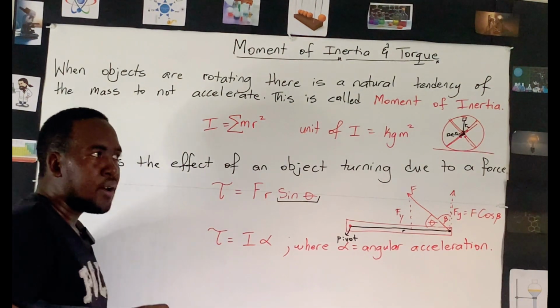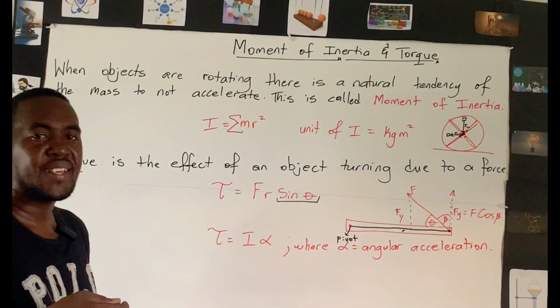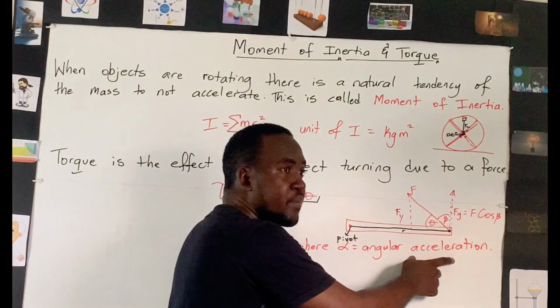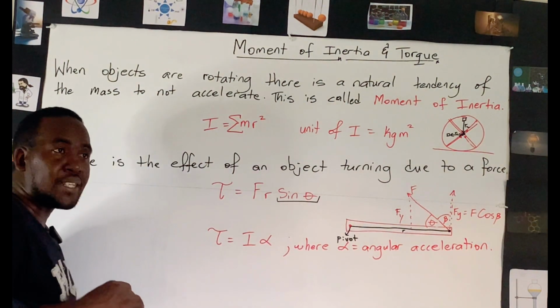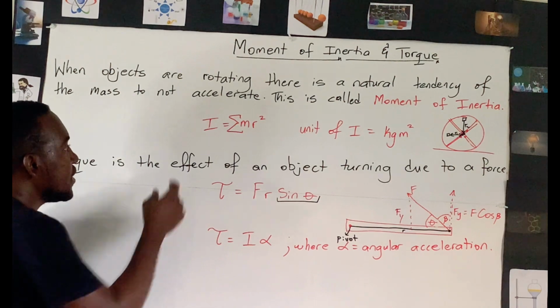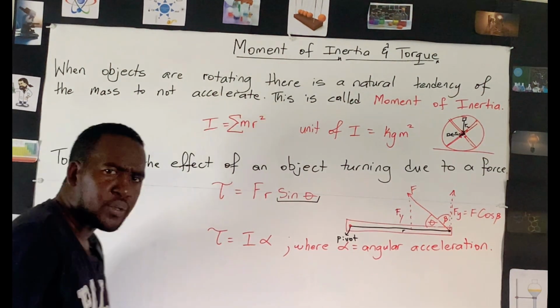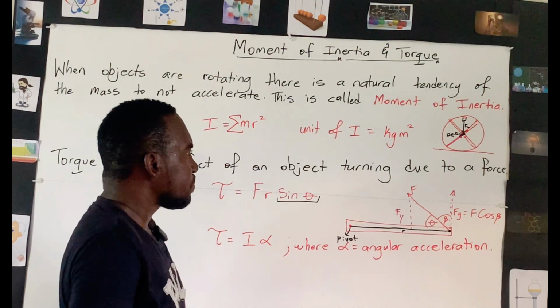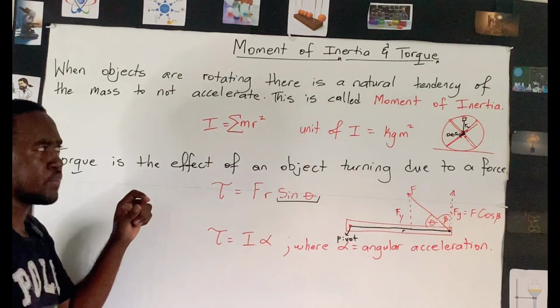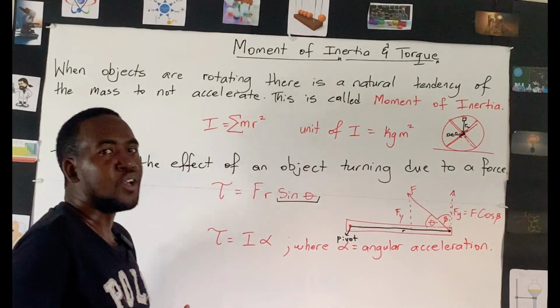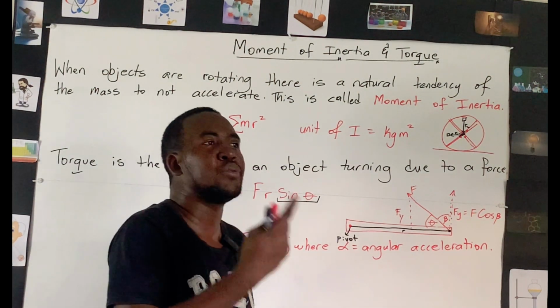Because once the object is moving, it is going to rotate, it is going to have an acceleration. Its ability to try to not have acceleration is what we call moment of inertia. So before we go, just a recap: moment of inertia is the ability of objects to try to not accelerate while rotating.